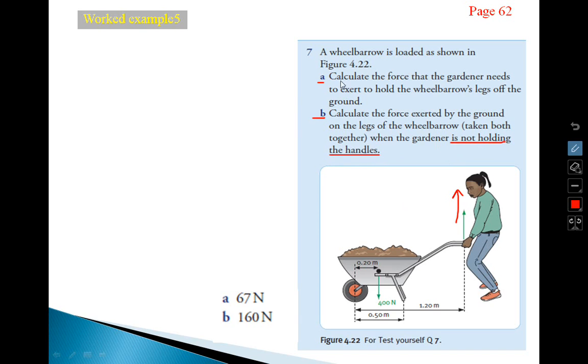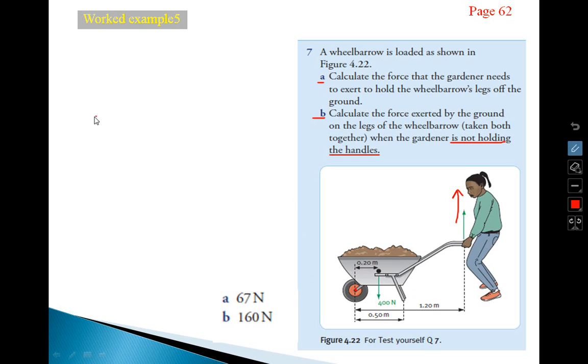So we start with section A. As we can see here, this is the center, so this is the pivot. We are going to draw a very simplified diagram to show all the forces with relative distances.